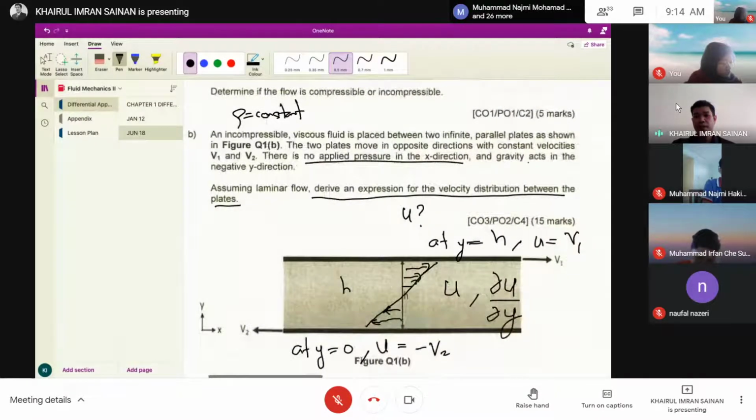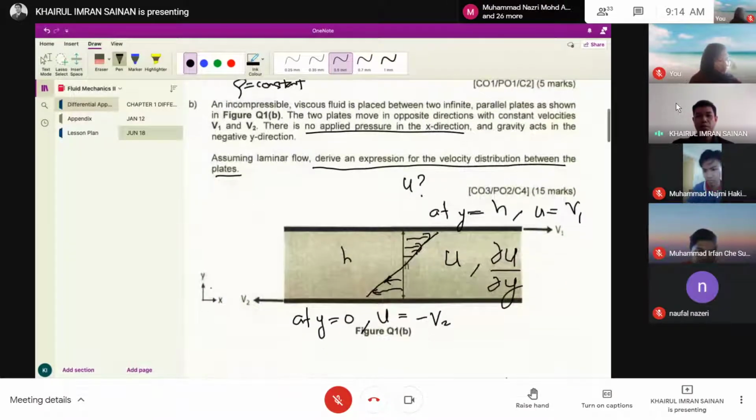Here gravity acts in the negative y direction, meaning towards the bottom, right? But your fluid is flowing in the horizontal direction, and the fluid flows because of the plate movement in opposite directions.